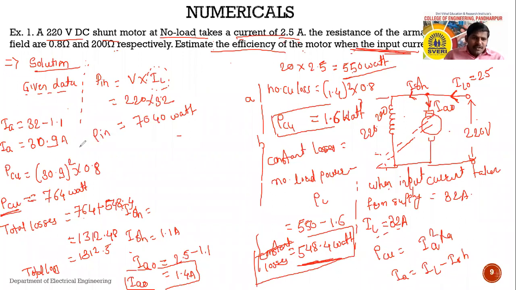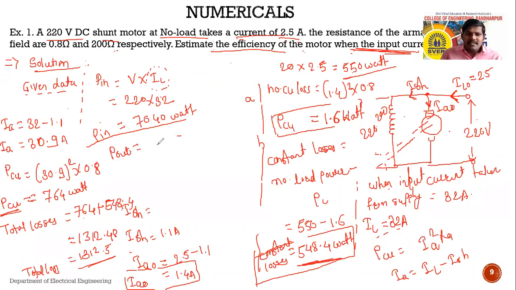Okay, so see, you people know the value of power input, you know the value of total losses. So according to this we are able to calculate the power output. Can we calculate power output? Yes sir. What is the formula of P out?